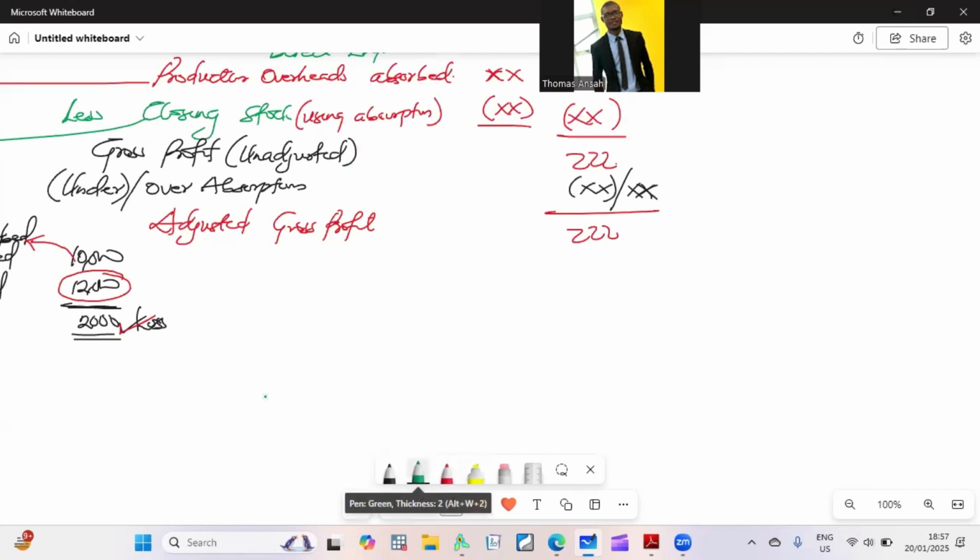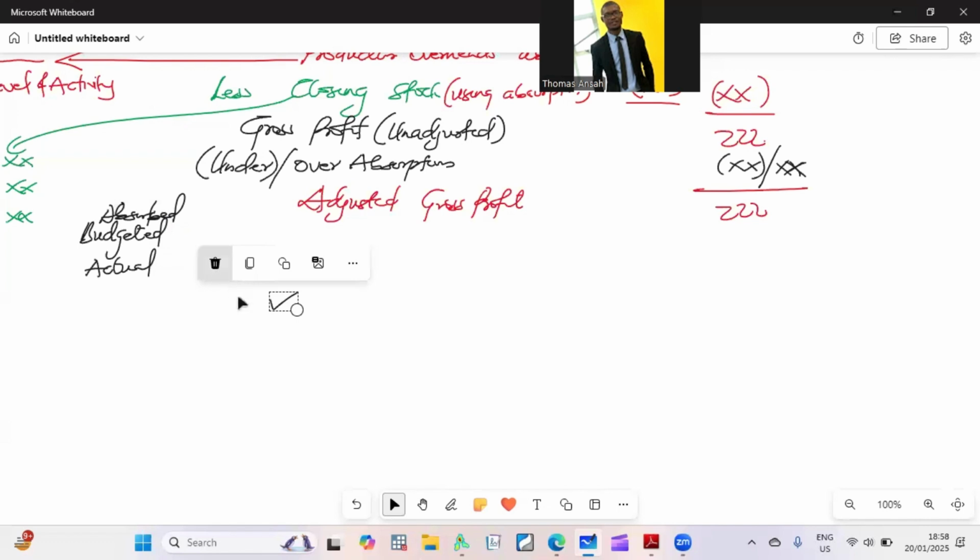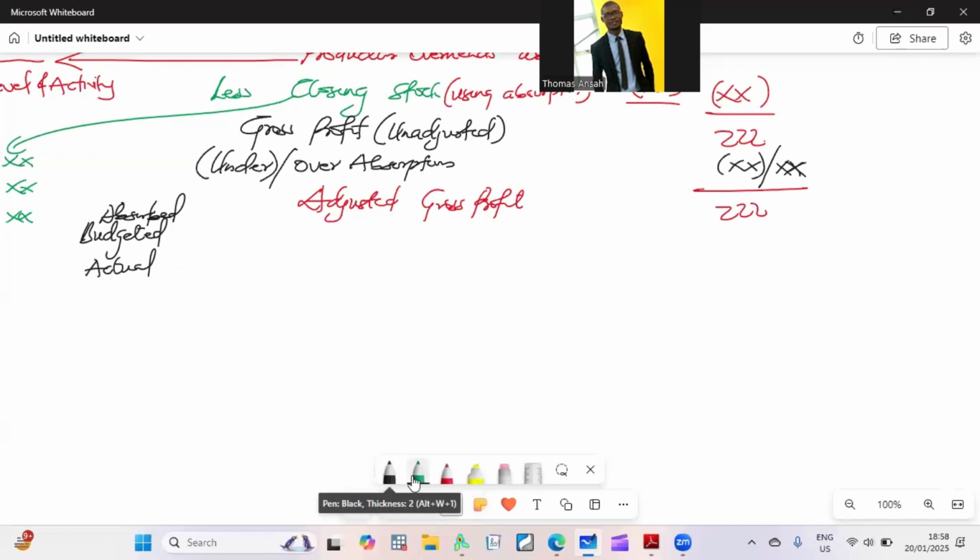So you less non-production expenses. Okay. So we've actually less all our production expenses. Now we are going to less our non-production expenses.